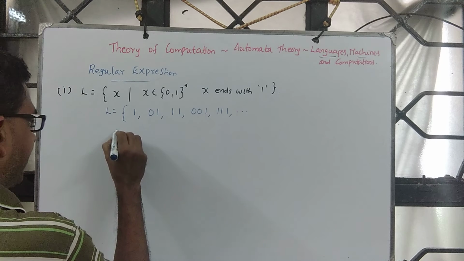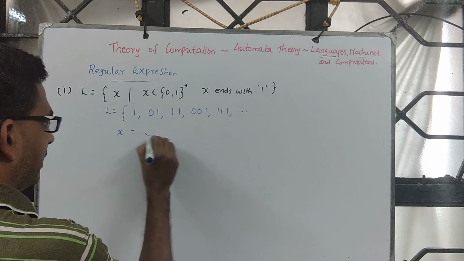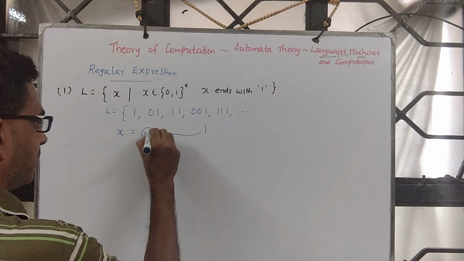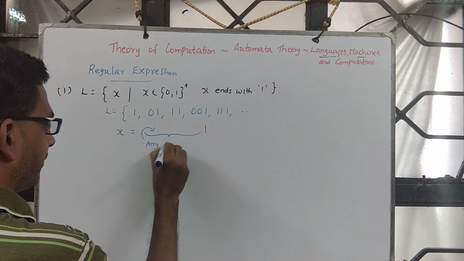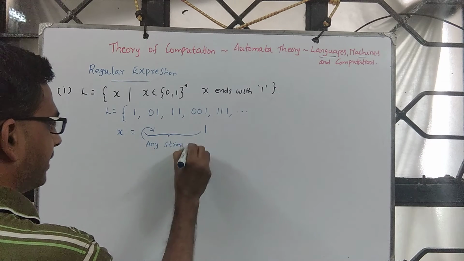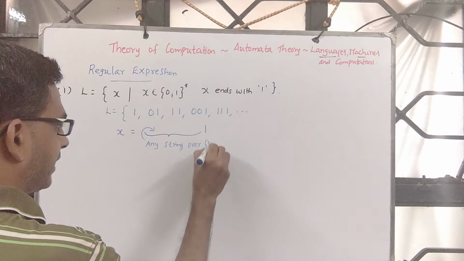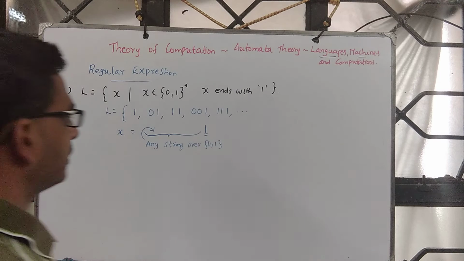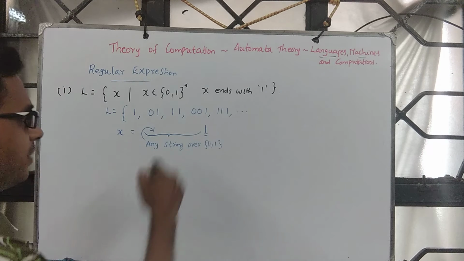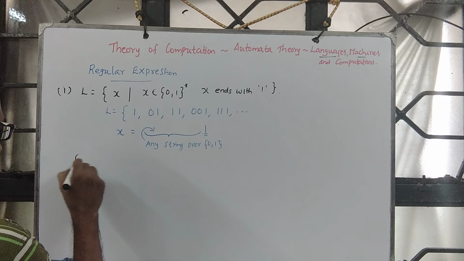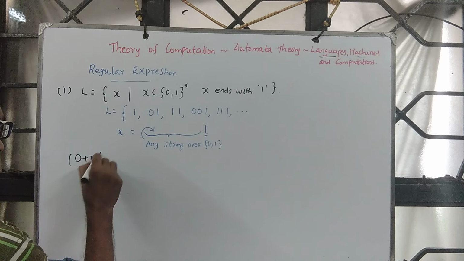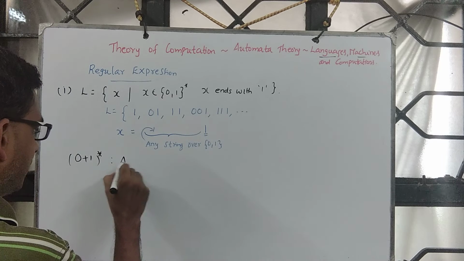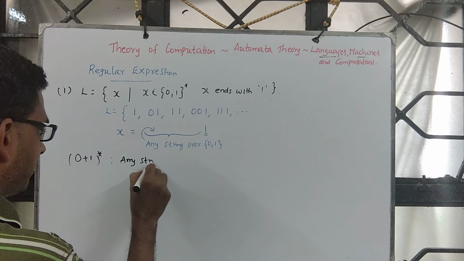Look at any x, then the prefix is any string over {0,1} followed by 1. So how do we generate any string over {0,1}? (0+1)* gives you any string over {0,1}.